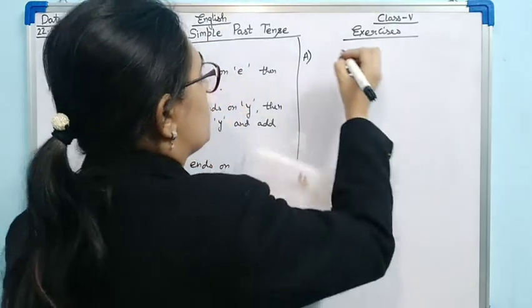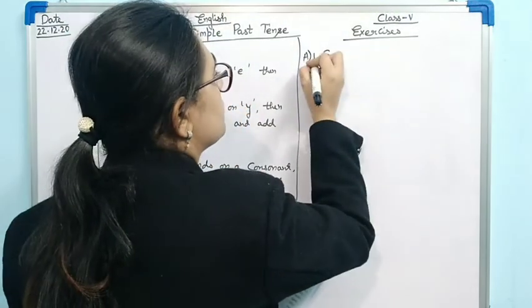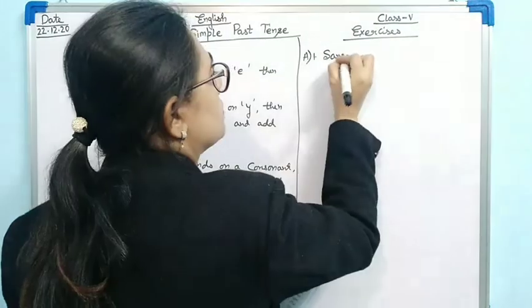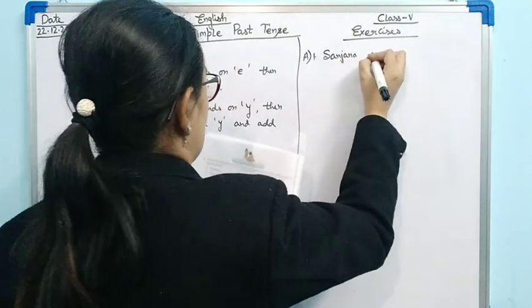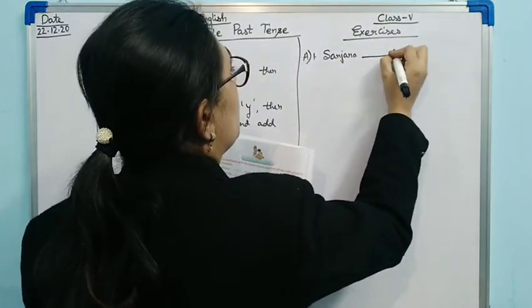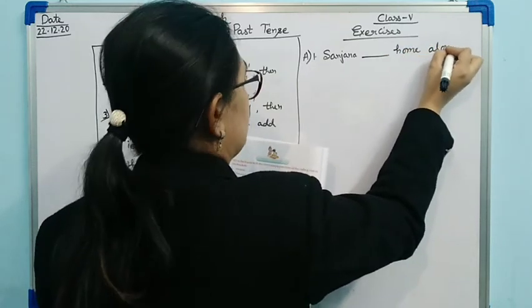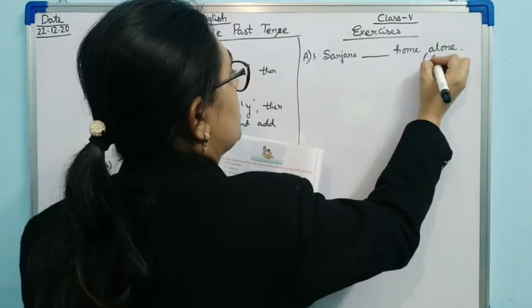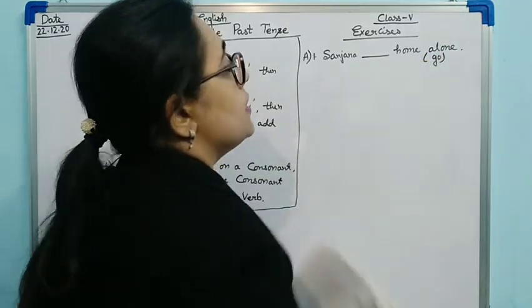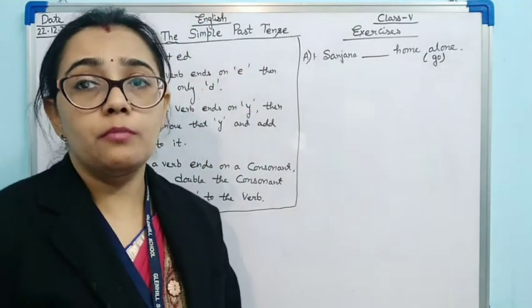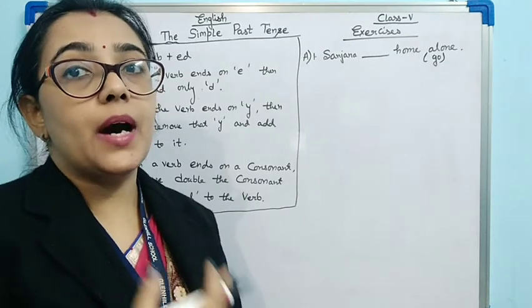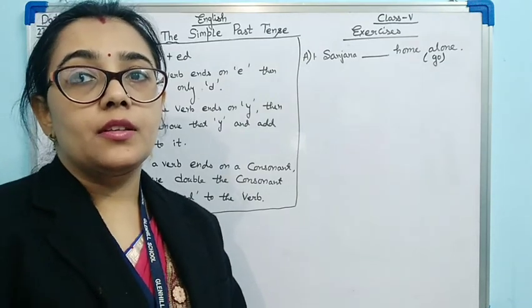A. Sanjana dash home alone. The verb is go. What will be the past tense of go?